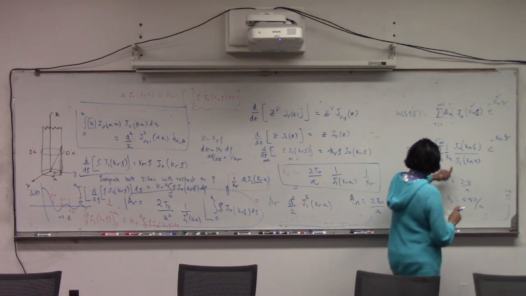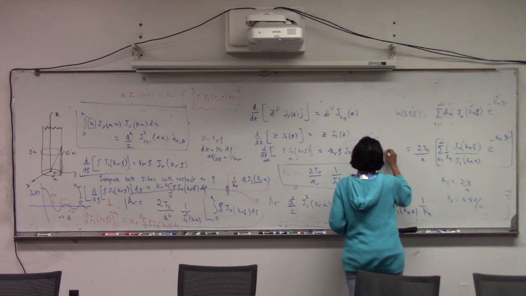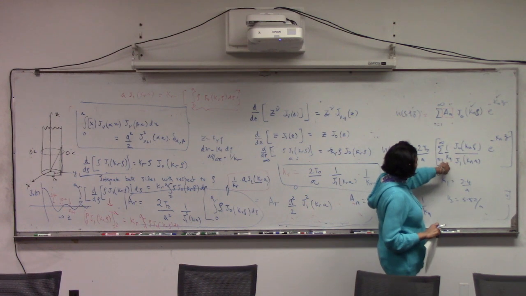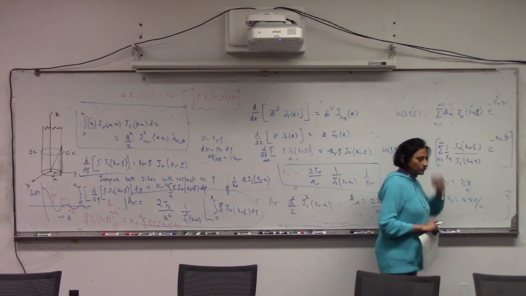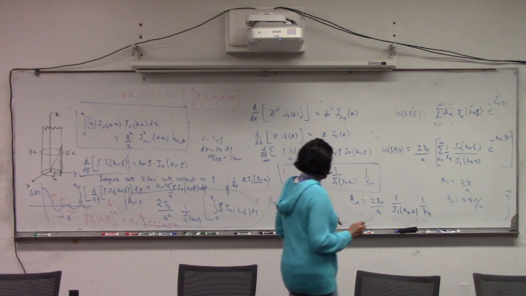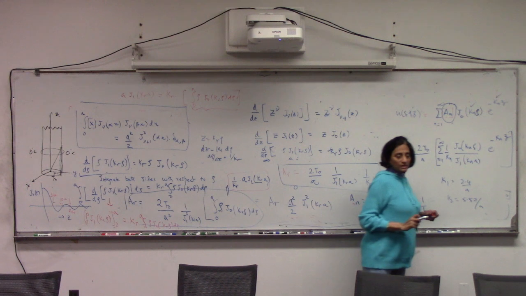So you have to calculate this for each one of them, right? It's going to change for each value of N. So it's a pretty complicated solution. What I want you to realize is that calculating these coefficients is not trivial.